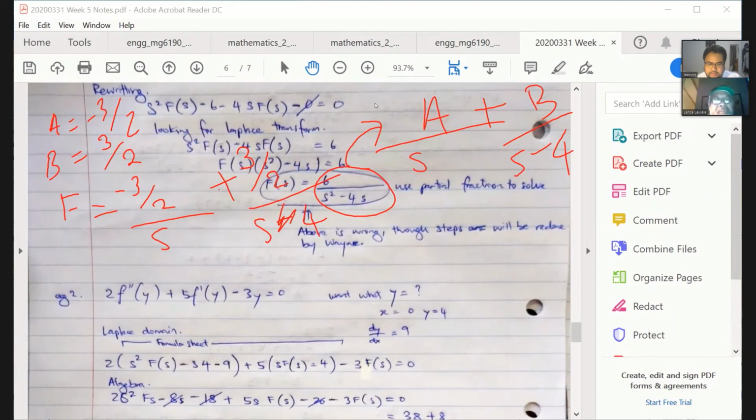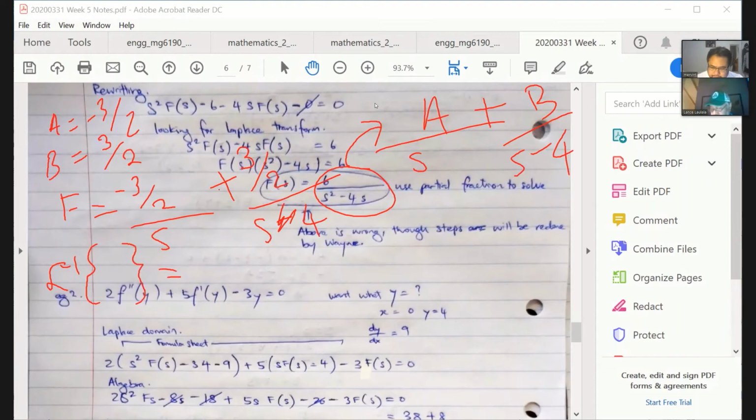Now remember our inverse Laplace. Let's go to the table. The inverse Laplace, the function of t, is now the answer to the differential equation.